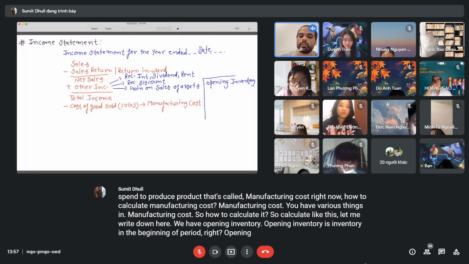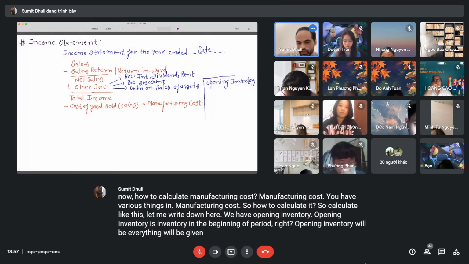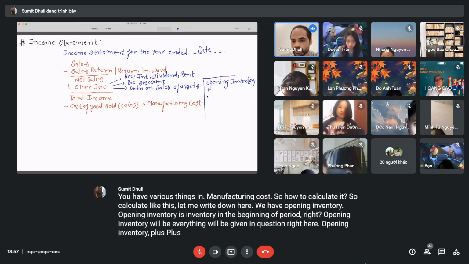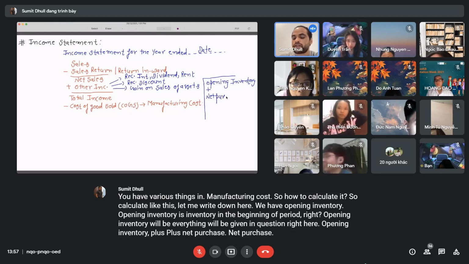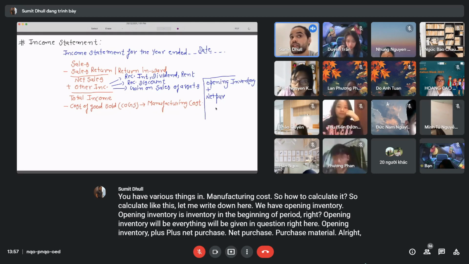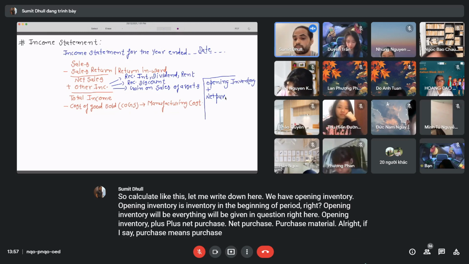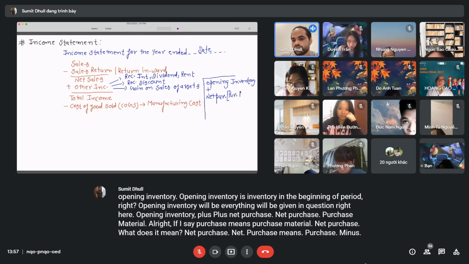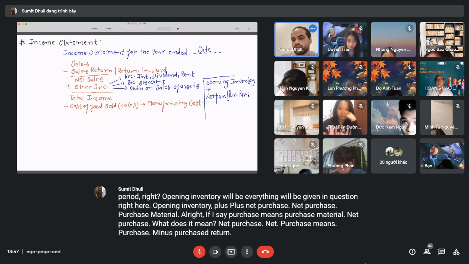Opening inventory will be given in the question right here. Opening inventory plus net purchase. Purchase material, all right? If I say purchase, it means purchase material. Net purchase, what does it mean? Net purchase means purchase minus purchase return. Purchase return. Purchase material minus purchase return.